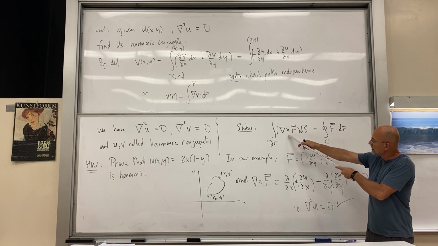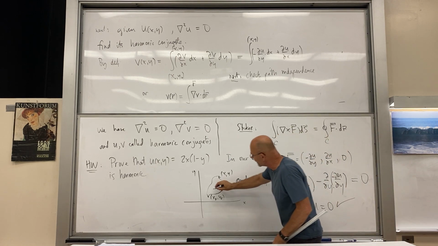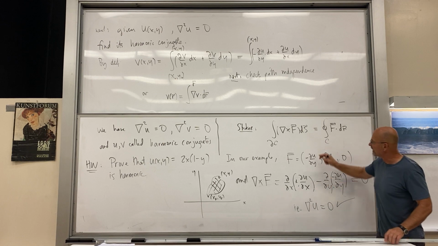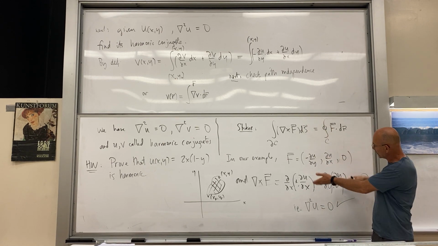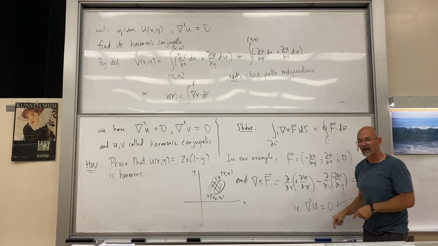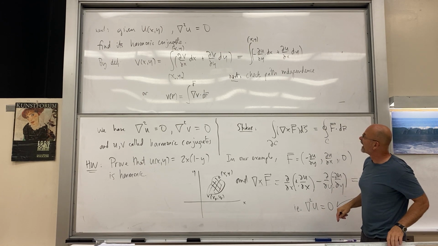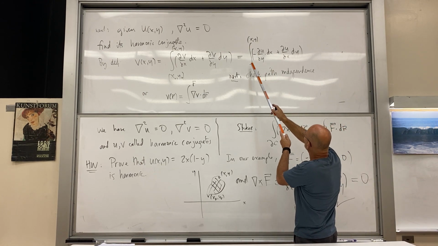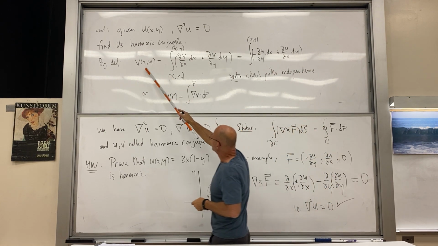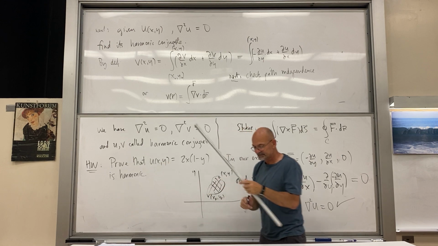And the curl with the surface integral is the left side of Stokes' law, and since the curl vanishes identically, then this is in fact path independent. So yes, we do have this now as our recipe for finding the harmonic conjugate.